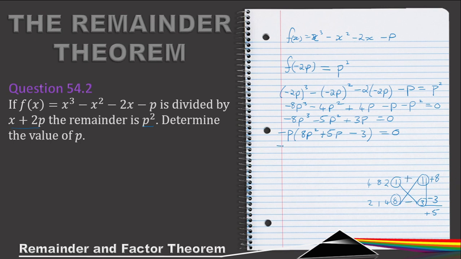So factors is going to be p, (p plus 1), and (8p minus 3) equals 0, which then means that p is equal to 0, that factor there, or p is equal to minus 1, or p is equal to 3 over 8. And that would then be our solutions for p.